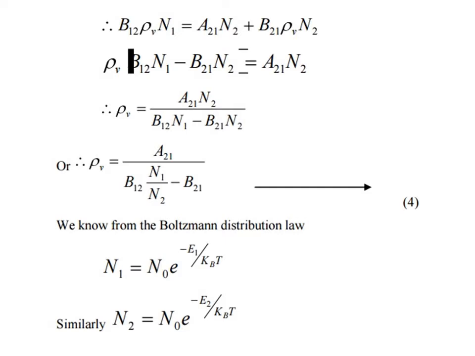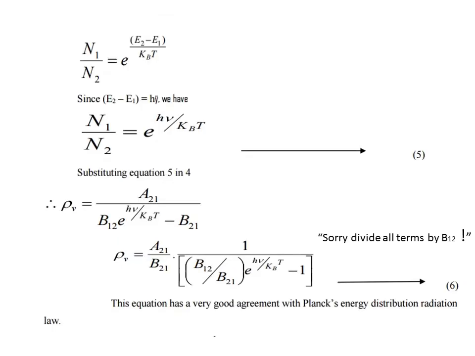For example, the equation can be represented like this: N1 equal to a constant times exponential minus E1 by KT, where E1 is the energy level in which the population is N1, Kb is the Boltzmann constant, and T is the absolute temperature. A similar equation can be written for any energy level under thermal equilibrium, and that will lead to the ratio N1 by N2 equal to exponential delta E by KT, where delta E is the difference between the two energy levels E2 and E1.